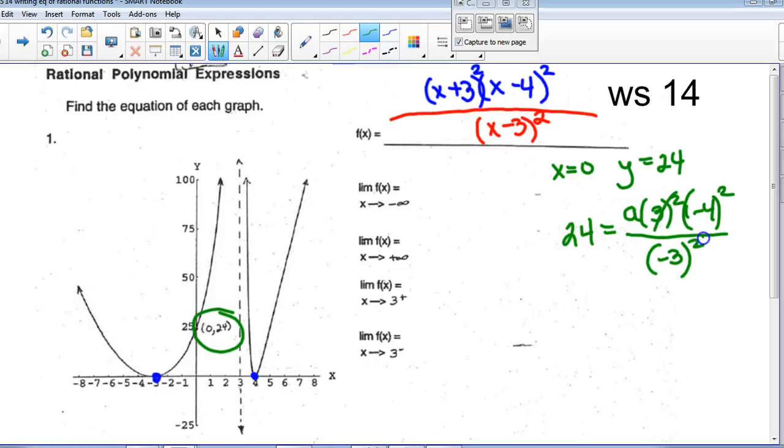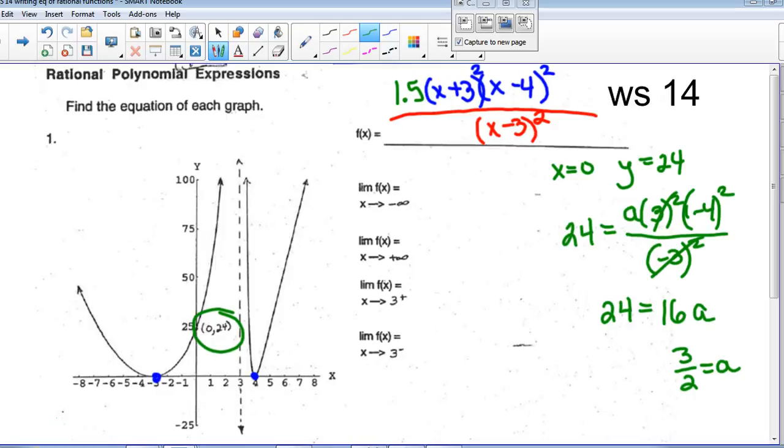So can I just divide those out? Yeah. Okay, on the top, -4 squared would be 16. If we divide that, we get 24 over 16, or 1.5. And I was lazy and went with 1.5 in the numerator. You could put a 3 on the top and a 2 in the bottom.